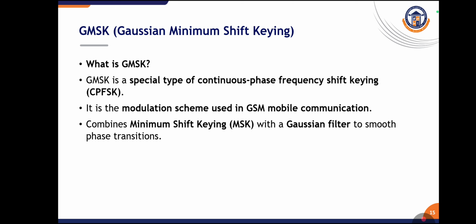Next one, GMSK, that is Gaussian minimum shift keying. GMSK is a special type of continuous phase frequency shift keying. It is a modulation scheme used in GSM mobile communication, which combines minimum shift keying, MSK, with a Gaussian filter to smooth phase transitions.